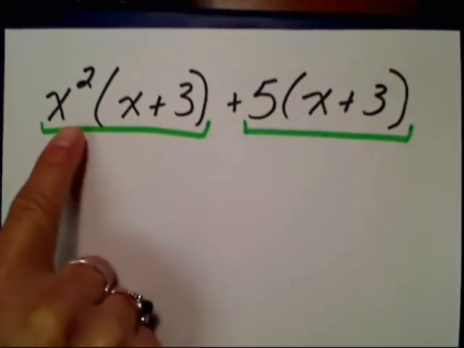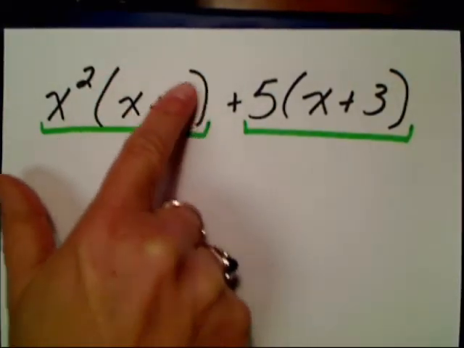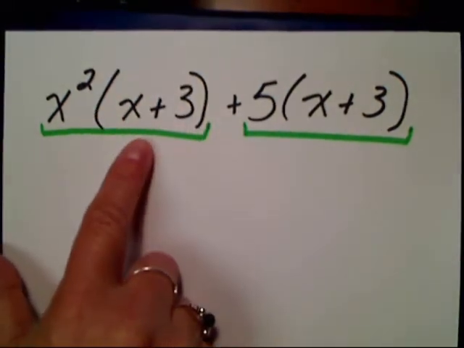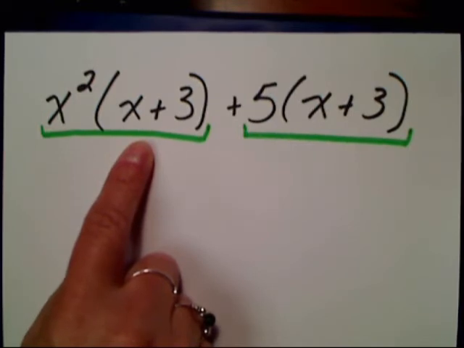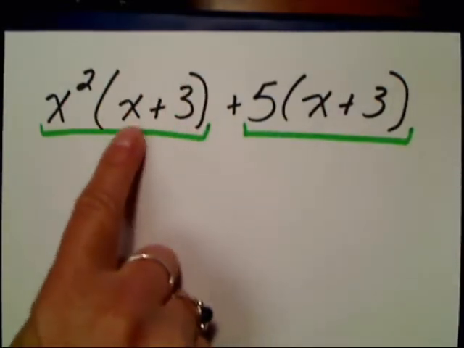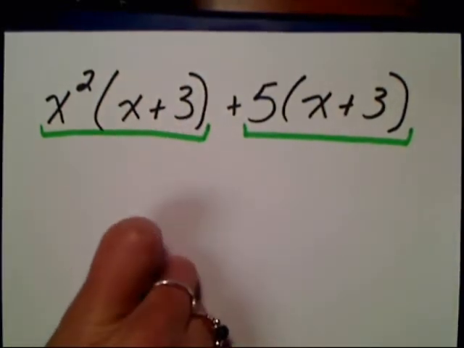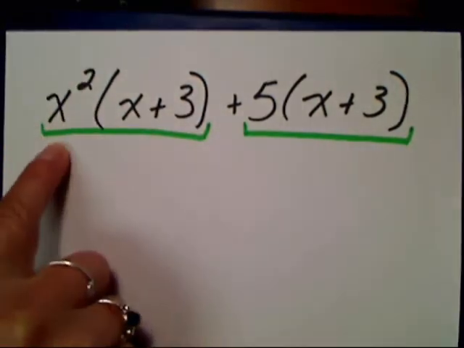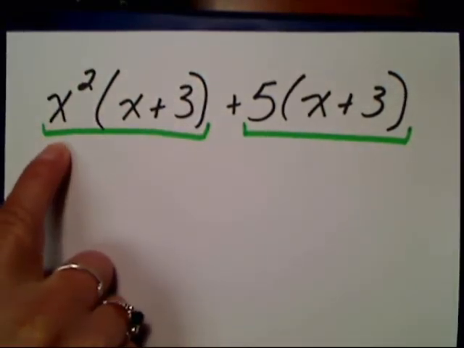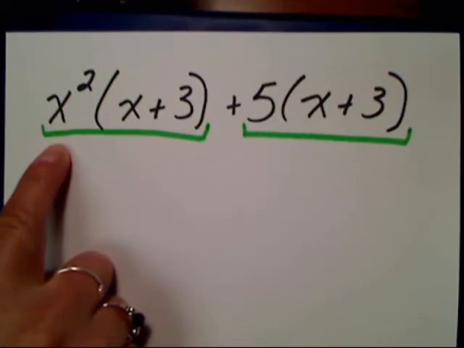And then it's being multiplied by this quantity. So this entire quantity, what's in the parentheses, is one factor. The factor is x plus 3. I know this is where it gets confusing because this one factor contains 2 terms. But that's okay. This quantity is being taken times this first factor. So those are the factors of your first term.